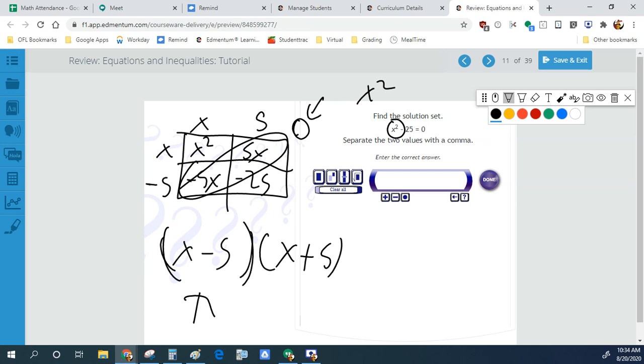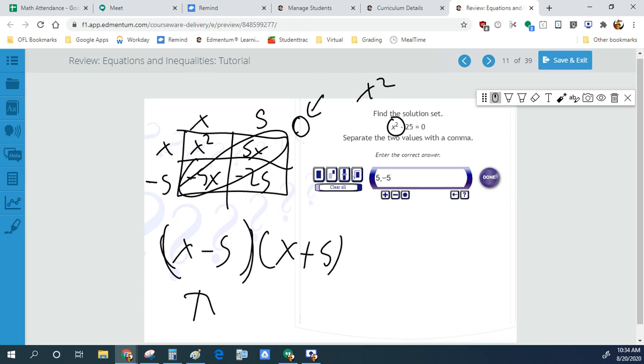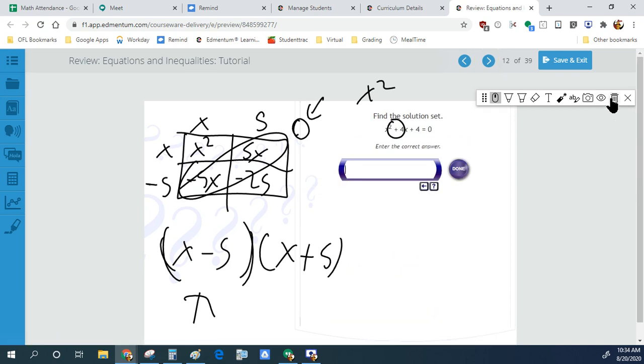What can I put into the first parentheses to make it 0? Yeah, positive 5. What about the next parentheses? Yeah. So it's important to remember that it's always kind of the opposite of whatever's in this box. Good job, guys.